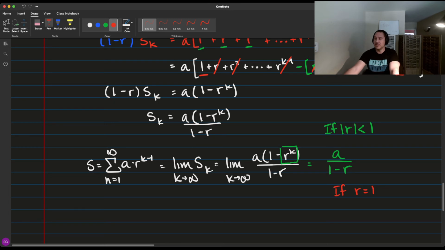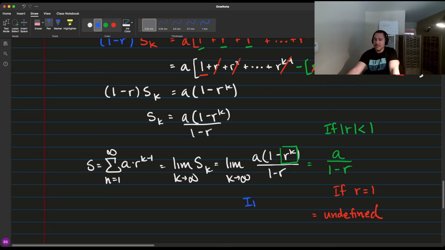You get a 0 in the denominator, which means it's undefined. So this doesn't work if r equals 1 in your geometric sequence, because you would get 1 minus 1 on the bottom. What this tells you is that if r equals 1, you're adding up the same number over and over, because you're multiplying each term by 1 each time. That would add up to infinity.